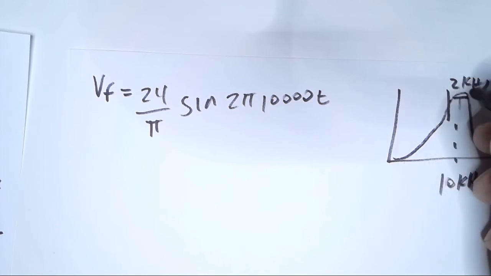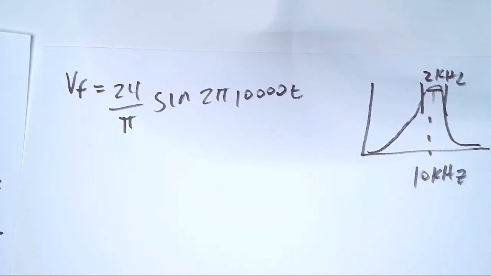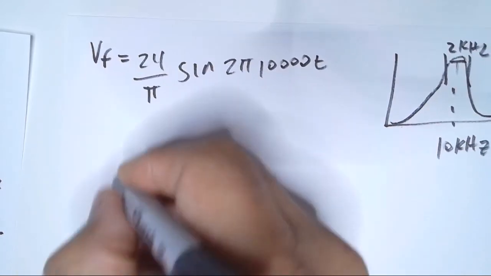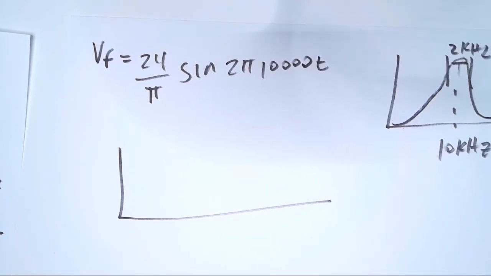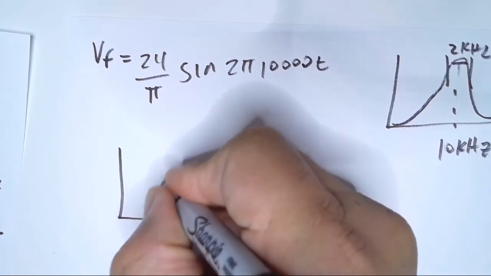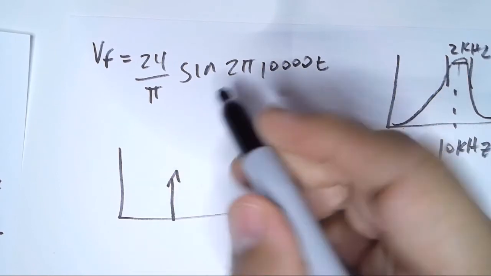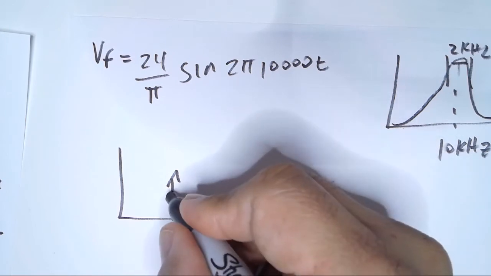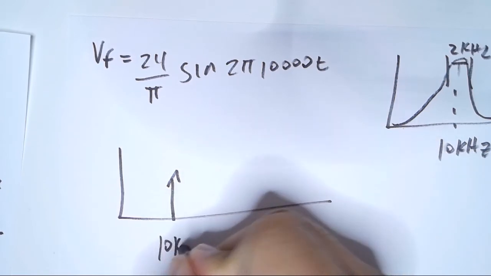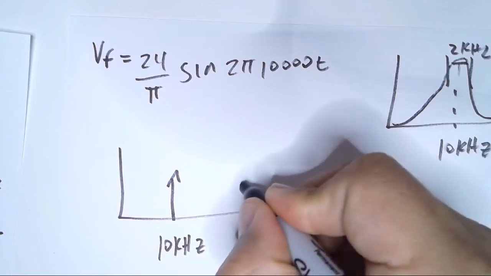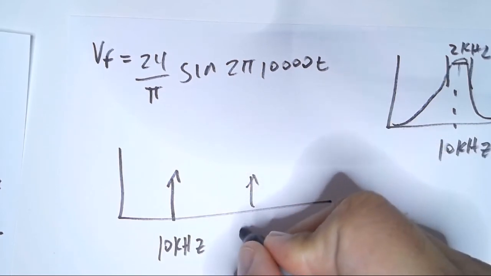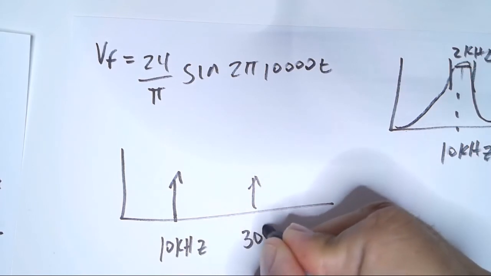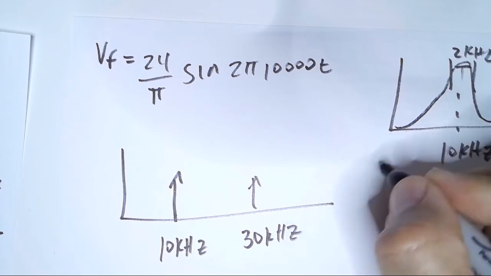For the input spectra of a square wave, we're going to have the fundamental at 10 kilohertz, then a harmonic at 3 times the fundamental, which is 30 kilohertz, and so on.